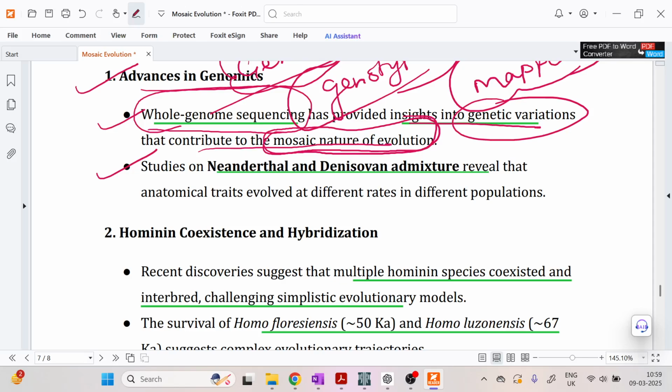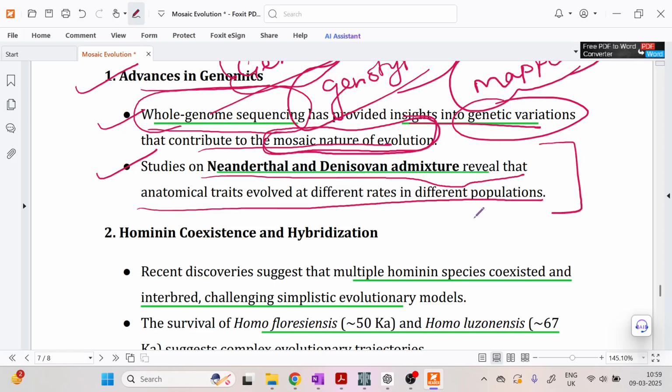And the studies on Neanderthal and Denisovan admixture, they also reveal that anatomical traits evolve at different rates in different populations. So Neanderthals and Denisovans, both of are archaic Homo sapiens species. और उनके admixture से, so it was believed that some population of Homo sapiens, they are derived from the intermixing of Denisovans and archaic Homo sapiens genes.